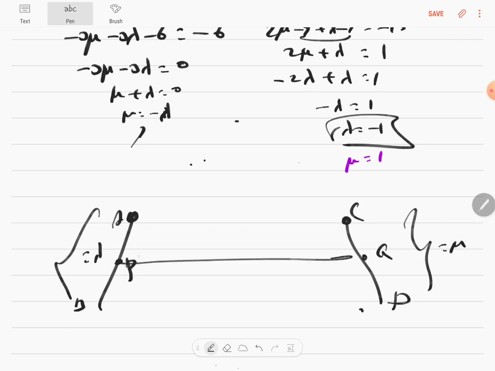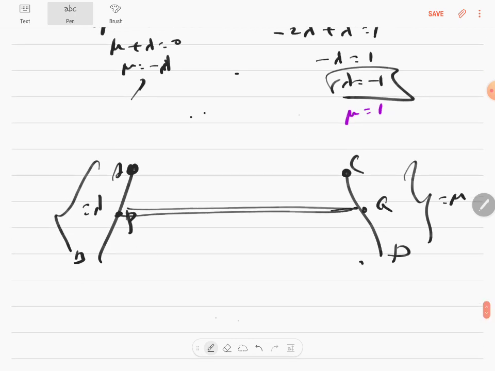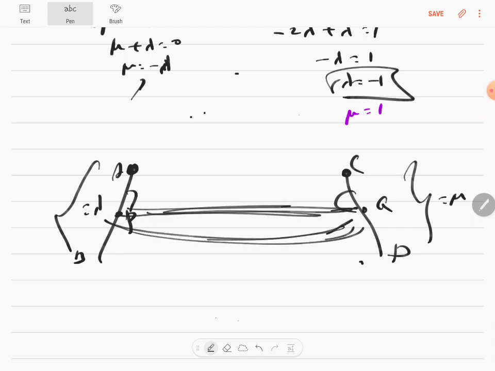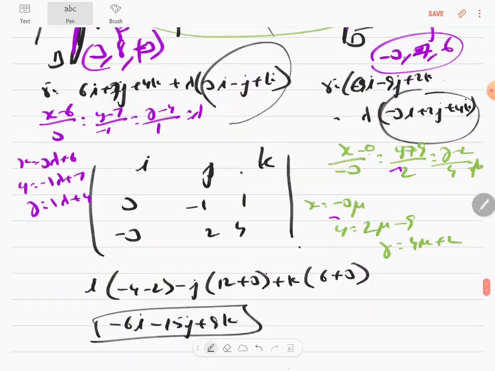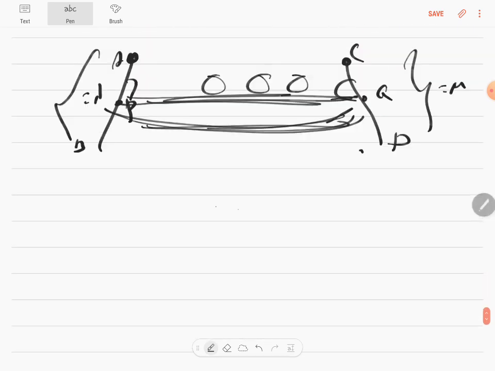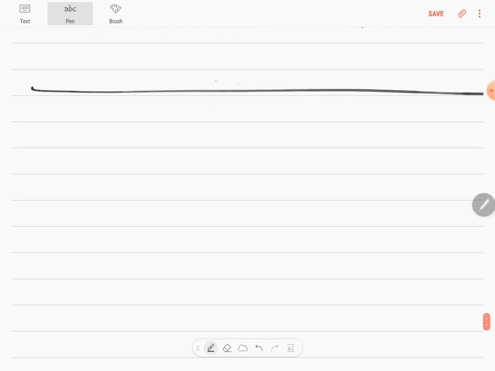You can find this vector itself because they are saying it's perpendicular to both AB and CD. When you have a vector PQ which is perpendicular to both AB and CD, you can cross AB and CD, get the PQ vector. Then subtract this vector and this vector's i's, j's and k's and equate it to the i's, j's and k's of here. That's what I've done. I hope you're clear. Very, very beautiful sum. Okay, please learn this. So let's go to the next question.